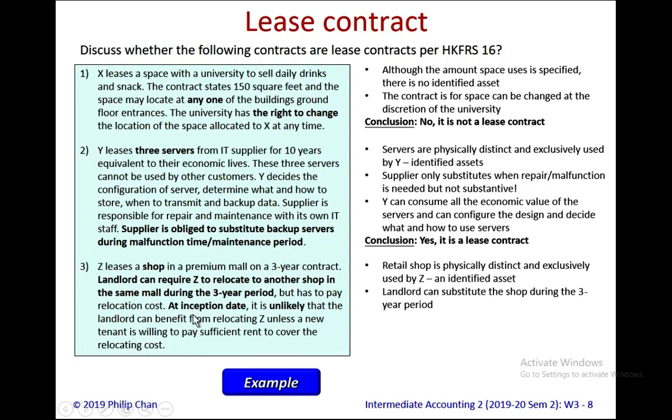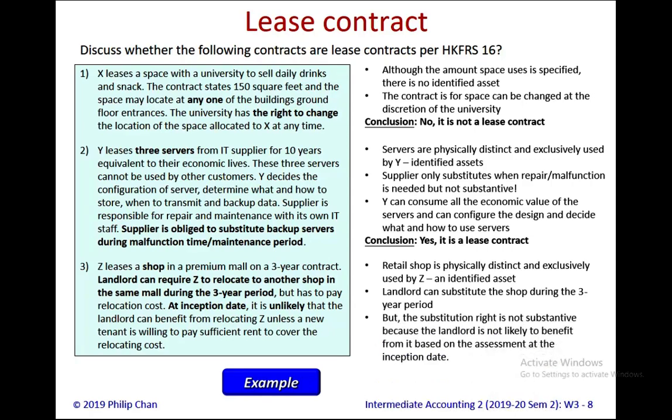So at the day when the 2 parties sign the contract, we believe, or at least Z believes, it is unlikely that the landlord can benefit from relocating the shop to other tenants willing to pay sufficient rent to cover relocation costs. So based on the estimation at the inception day, it is clear that the substitution right is not substantive.